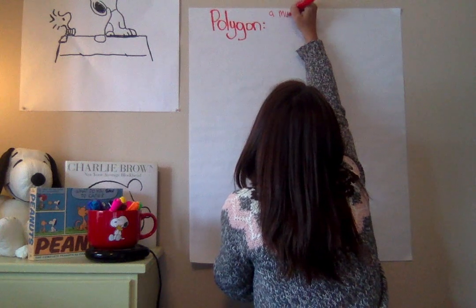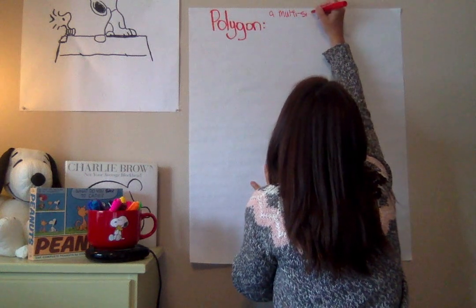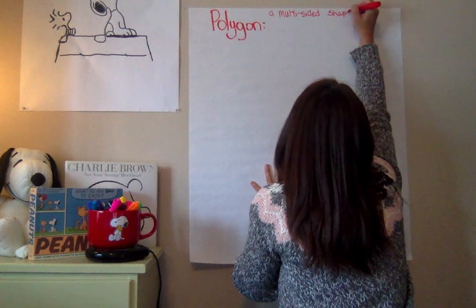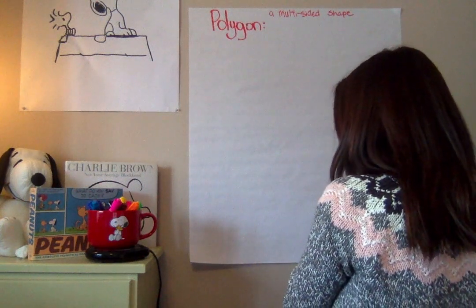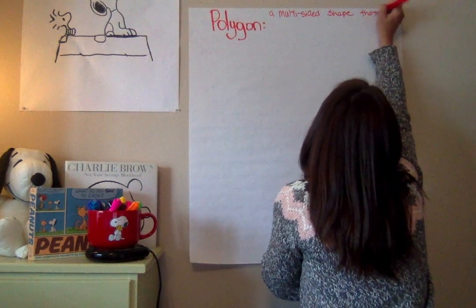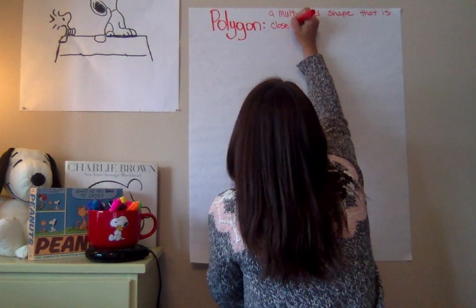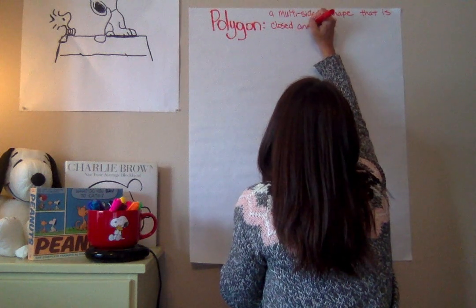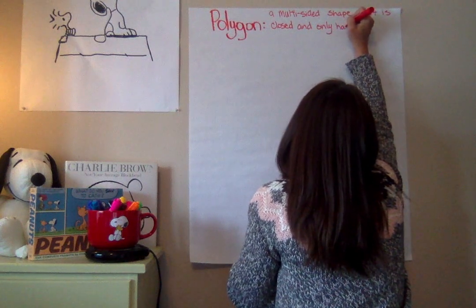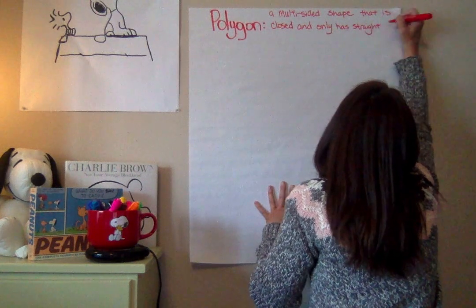a multi-sided shape. Multi-sided shape that is closed and only has straight lines.